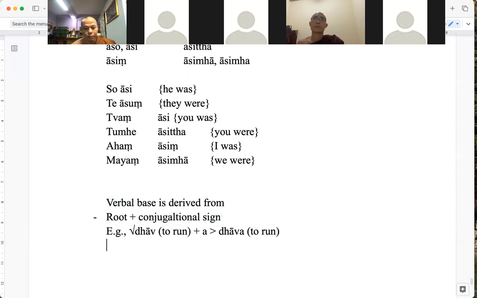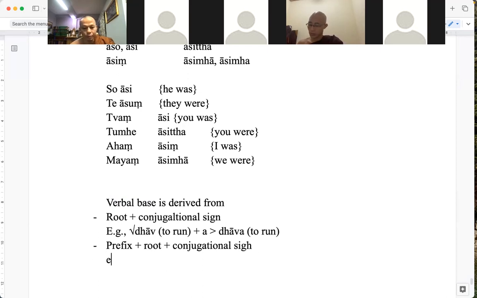And also, by adding the prefix, then the root and then the conjugation sign, we have the verbal base.